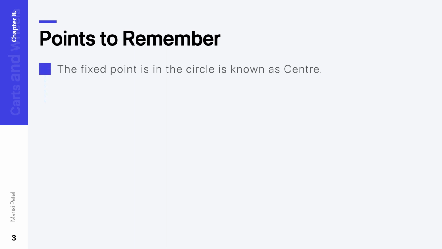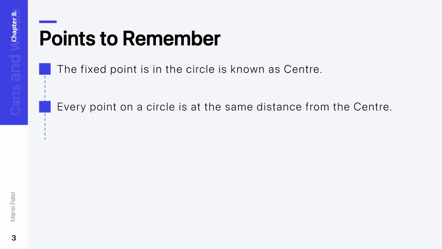Then, in a circle, one fixed point is there, and that fixed point is known as the center. Every point on a circle is at the same distance from the center.